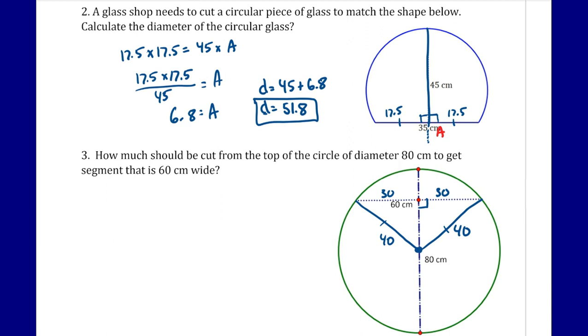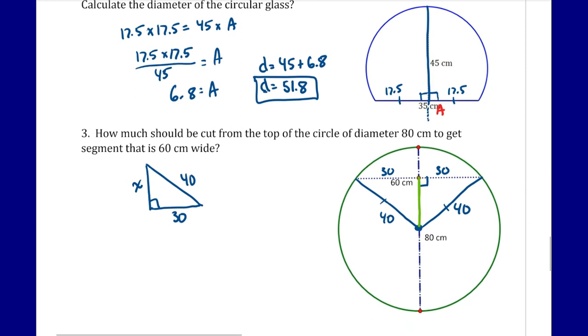So what I can do now is figure out what this height is, because I have a right angle triangle. If I were to just draw that separately, I have 30 and 40, and I'm looking for this height.